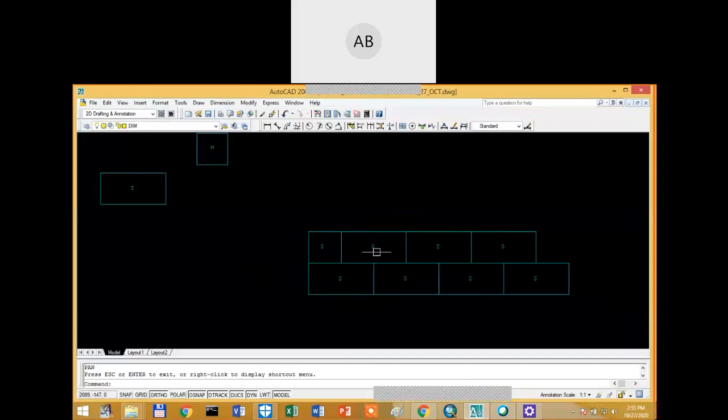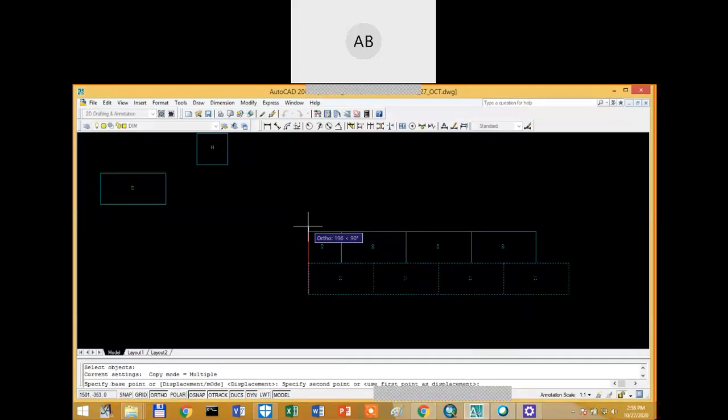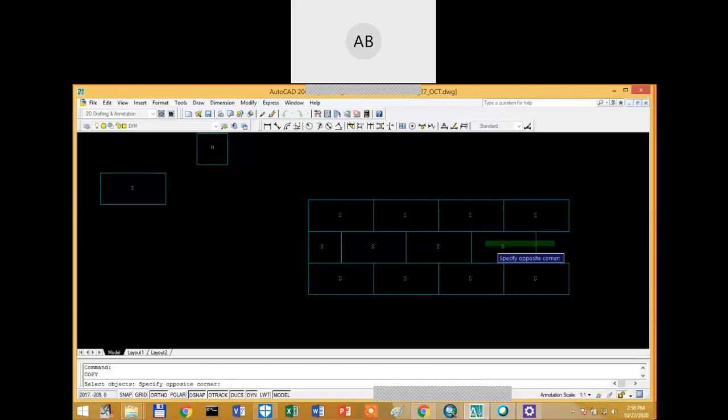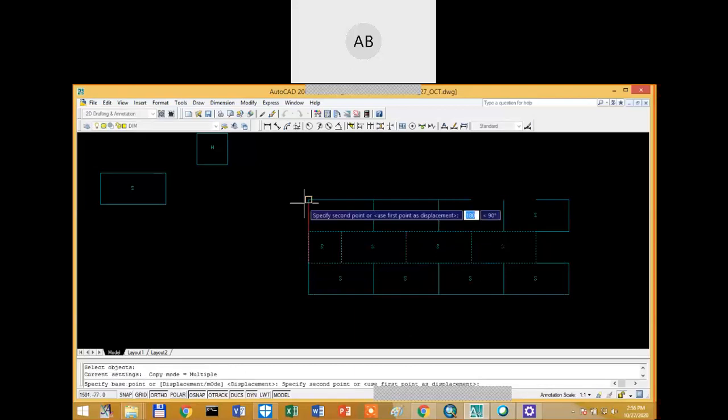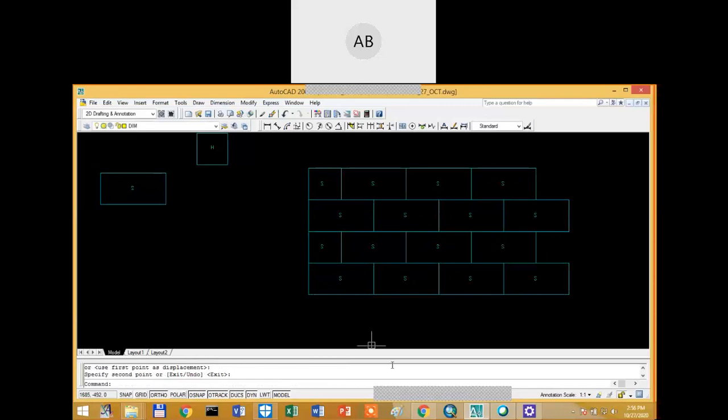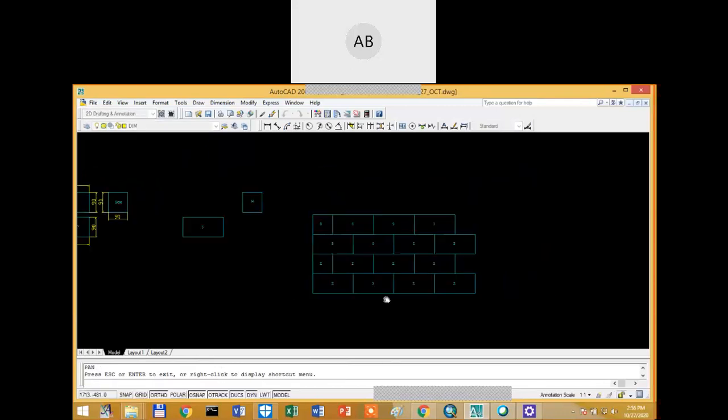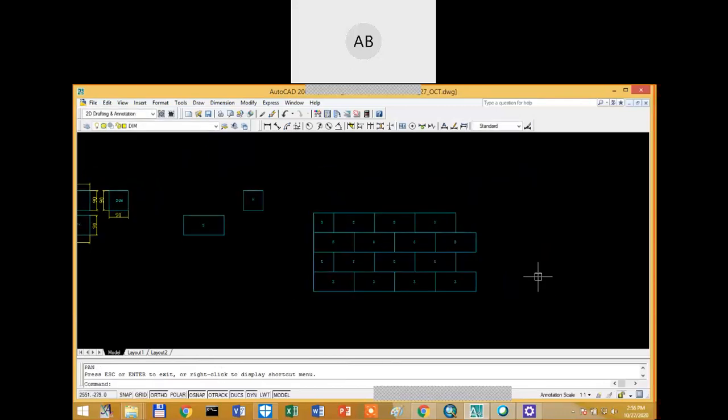So now you see, is there a continuous vertical axis along the joint? No. Then in AutoCAD it is easy. You simply copy this thing. Copy. This is the elevation of a typical stretcher bond.